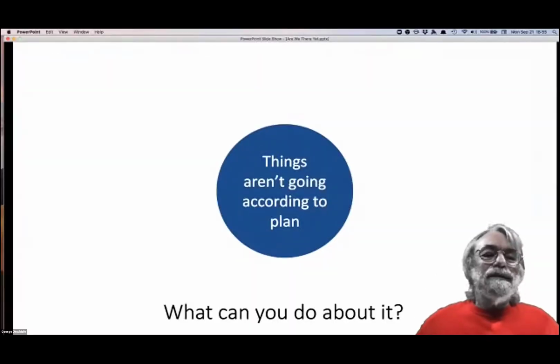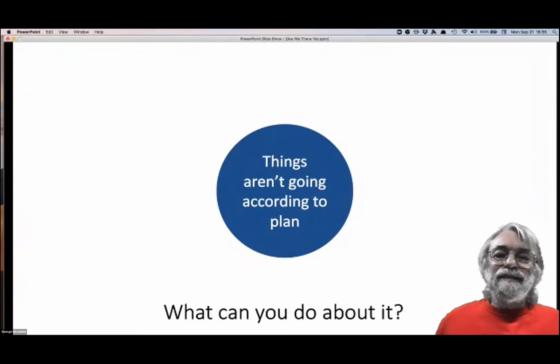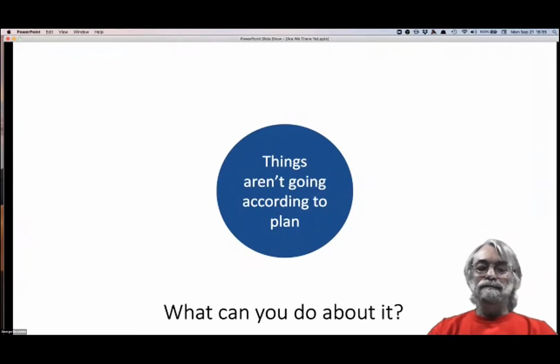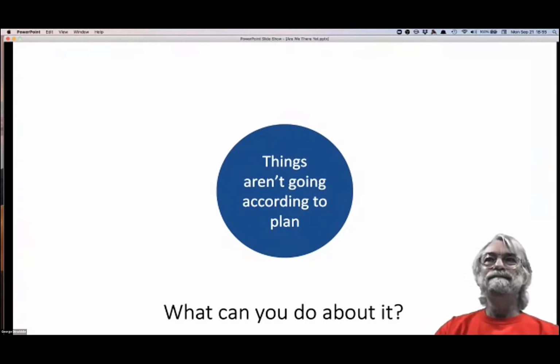So if you decide that your plan isn't working, what can you do about it? What's the first thing that comes to mind? Call our friends and see if we can do breakfast on Saturday morning. Adjust.